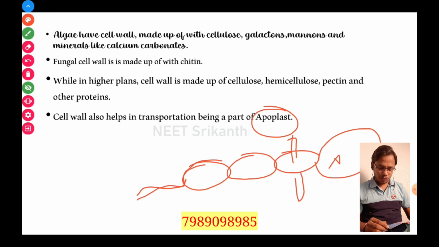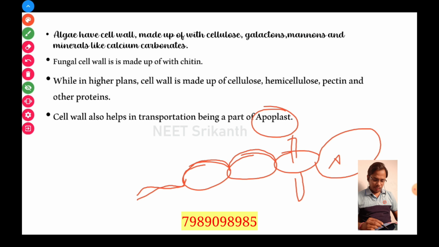Now it is moved through the cell wall of the epidermal cells, then the cell wall of the cortex, then the cell wall of the endodermis, until it reaches the xylem. So the water movement through the non-living portion like cell walls and cell gaps is known as the apoplast.